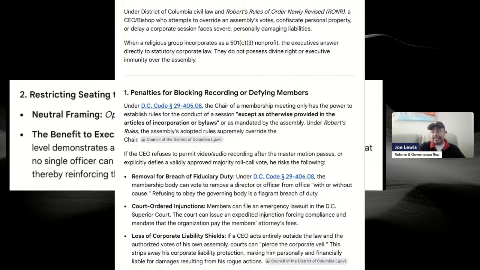He would have to pay. And mind you, that would just be the beginning of all types of various legal proceedings as a result of that action. Let's go to the next frame, please.